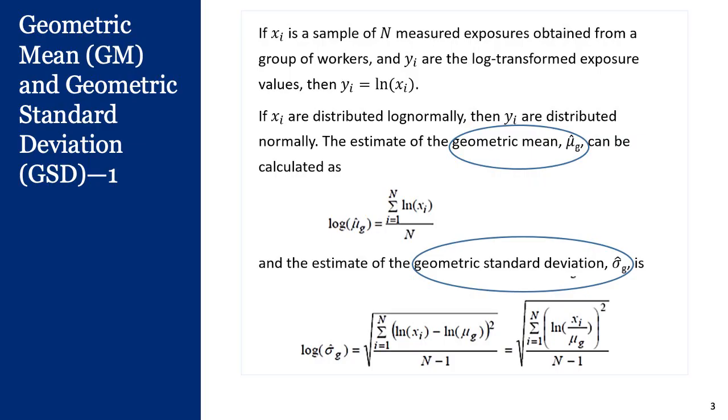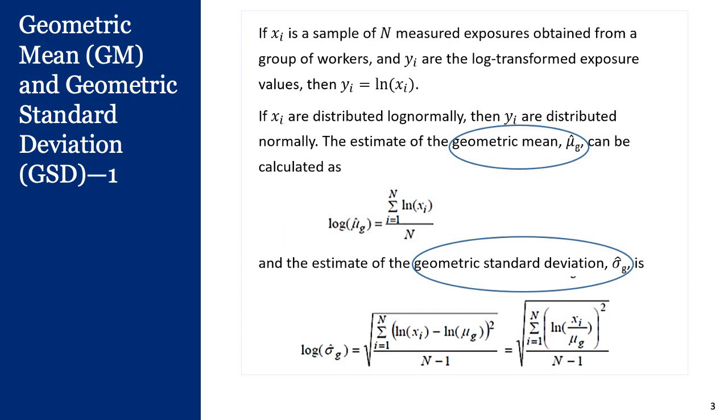In order to describe a statistical distribution of workers' exposures, we need to understand two descriptors of such distributions, namely the geometric mean and the geometric standard deviation. So what are these?